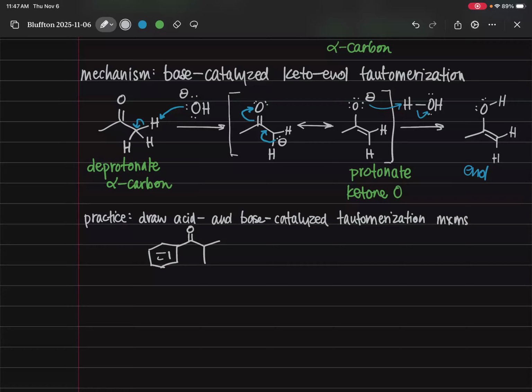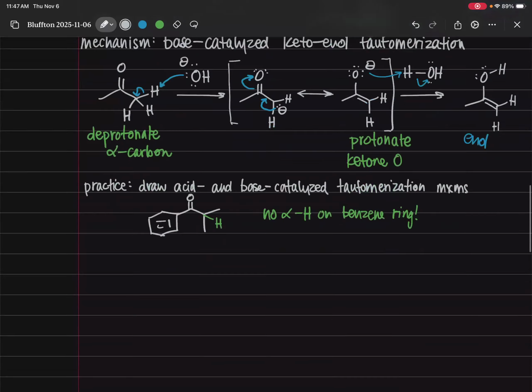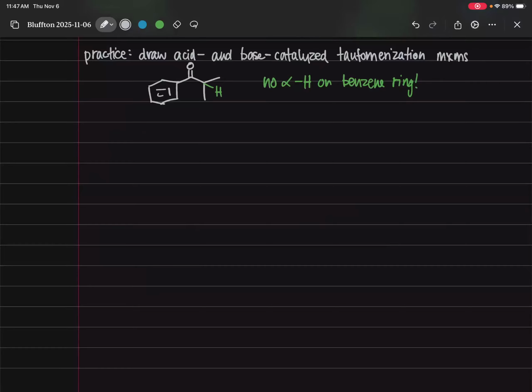So there's no alpha hydrogen on this side, but there is an alpha hydrogen over there, which is okay if you follow this mechanism because I've drawn everything on the right-hand side. So you can do the same for that practice example.